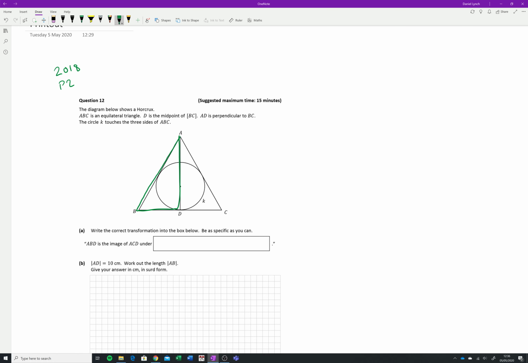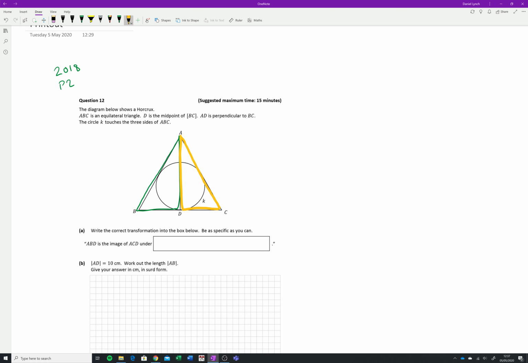So how would we get from this one here to the one over to the left hand side? How do we get from there to there? So what type of symmetry is it?